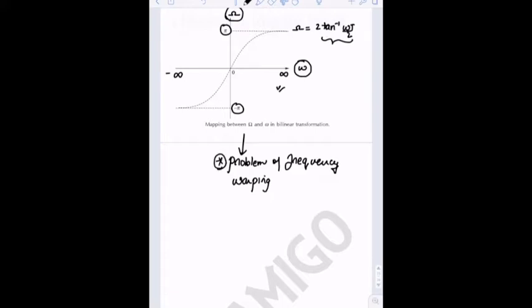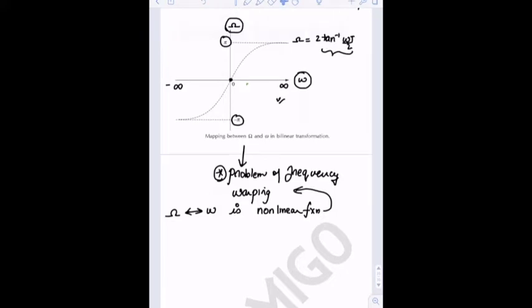Since the relationship between the digital frequency and the continuous frequency is a non-linear function, this is why frequency warping is happening. Now let's look at the meaning of frequency warping.